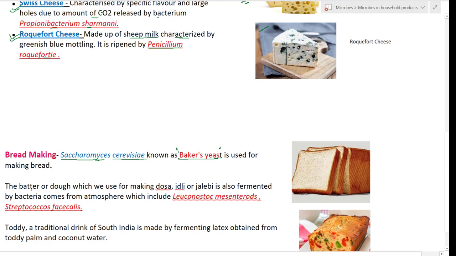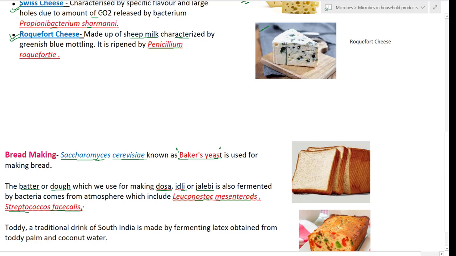Next we come to the batter we use for making different dishes like dosa, idli or jalebi. Actually, all these dishes are made from fermented batter. We mix the batter and keep it overnight for fermentation, and for fermentation microbes are required. These microbes are Leuconostoc mesenteroides and Streptococcus faecalis. Actually, these are microbes which are already present in the atmosphere.